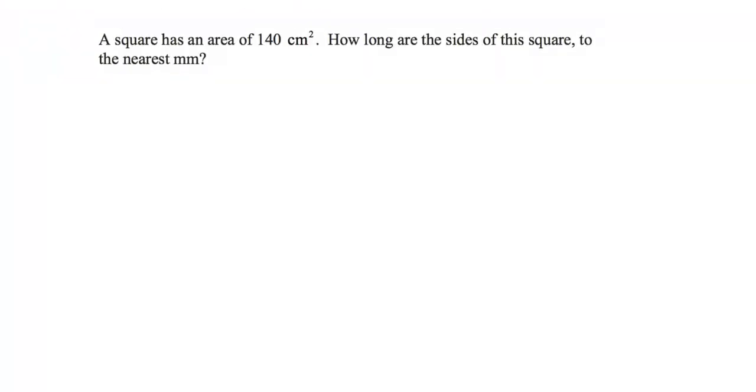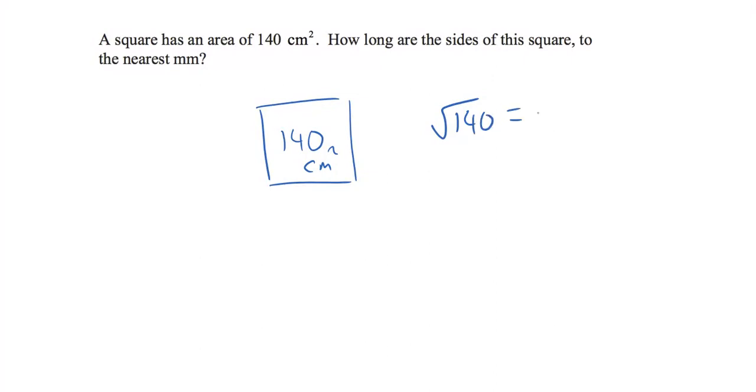Now, a square has an area of 140 centimeters squared. So let's just draw that out, very similar to the last question. Okay, so 140 centimeters squared. How long are the sides of the square to the nearest millimeter? So just like in the last example, if I want those side lengths, I know they're the same because it's a square, I'm going to need to square root. So if I work out the square root of 140, that is going to be 11.8321.